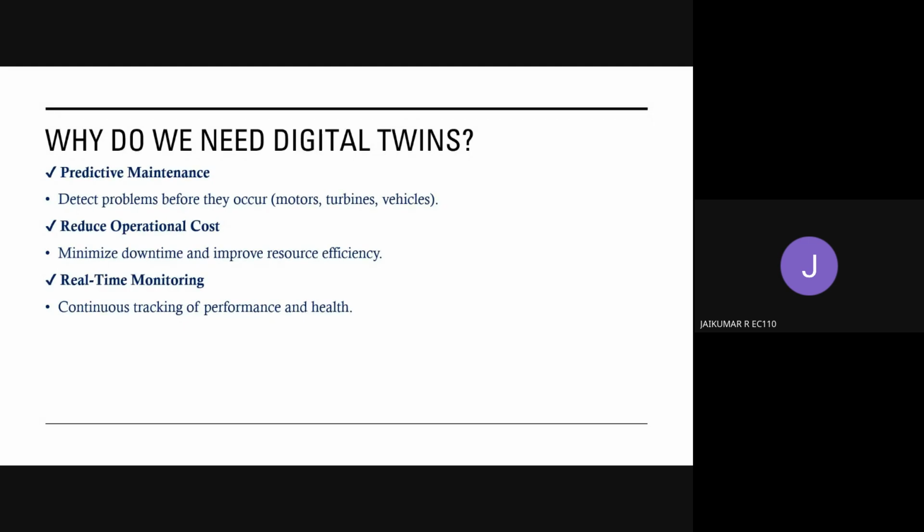By using digital twin technology, we can predict the problem using various kinds of data. As we know, the digital twin is a digital copy, and this digital copy is continuously getting the data of the machine by using sensors. By using that data, we can predict the failure before it physically happens.